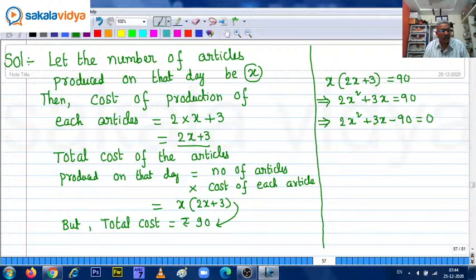So now we need to solve it. Okay, now write down minus 90 into 2, minus 180. The product of the two numbers is minus 180, and the sum should be 3.